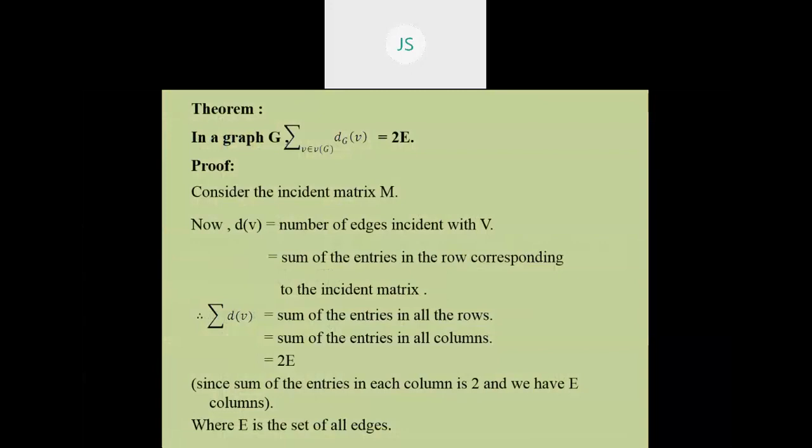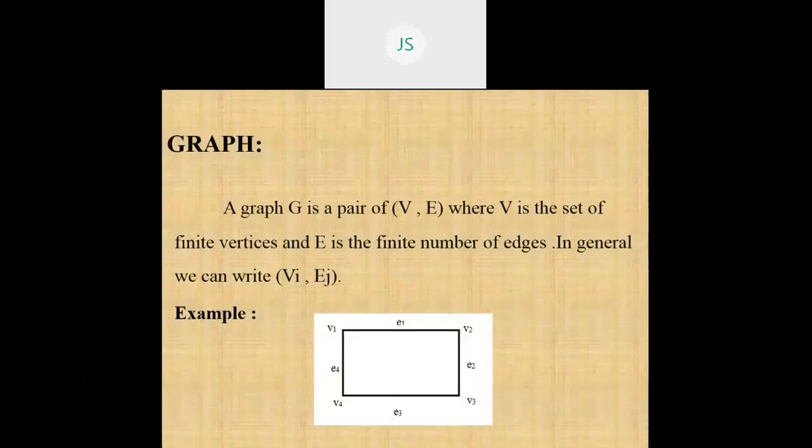We can also denote it by D of V. Here we consider the incidence matrix M. D of V is equal to the number of edges incident with V. For example, in the previous example, degree of V1 is equal to 2 because E1 and E4 are incident on V1. Similarly, for V2, edges E1 and E2 are incident on V2. Therefore, degree of V2 is equal to 2. Similarly, D of V3 is equal to 2 and degree of V4 is also 2.